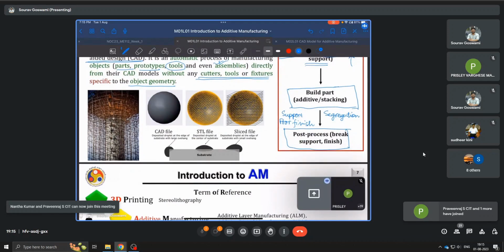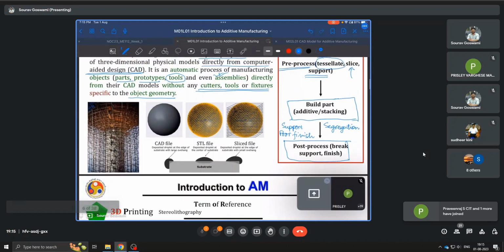Again, why are support structures required? So in the diagram to your left, you'll find that certain parts of this structure have an overhang angle. So basically, when you're building this wall, there is nothing beneath it for supporting.